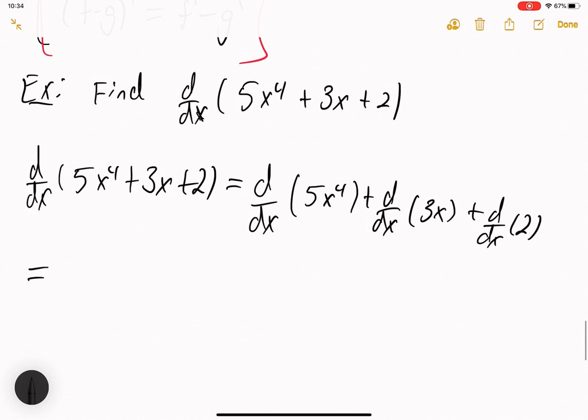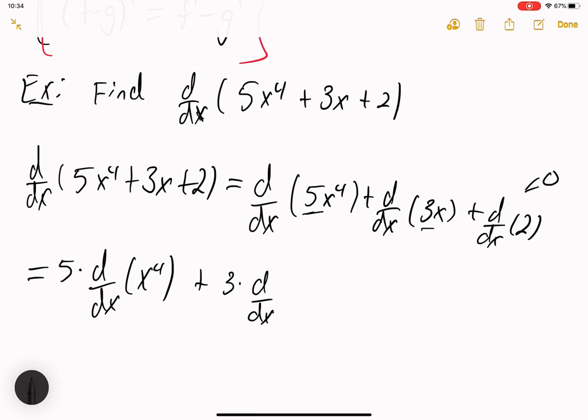Remember the derivative of a constant is equal to 0. And if we had a constant multiple out front, we can pull it out. So this is equal to 5 times d of dx of x to the fourth plus 3 times d of dx of x plus 0.